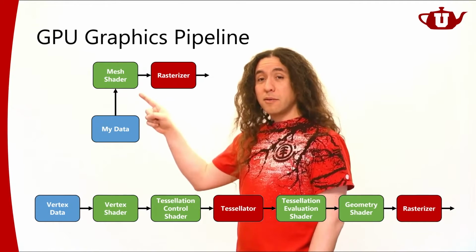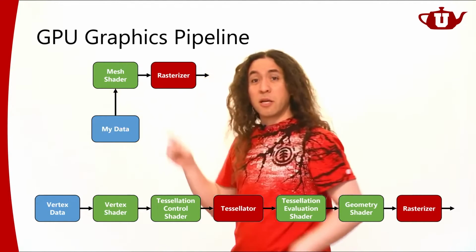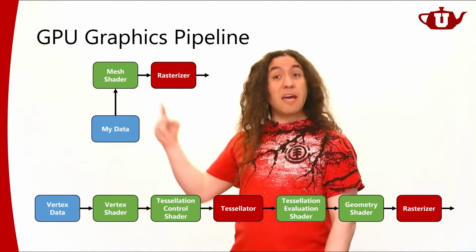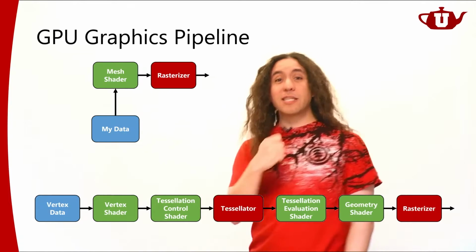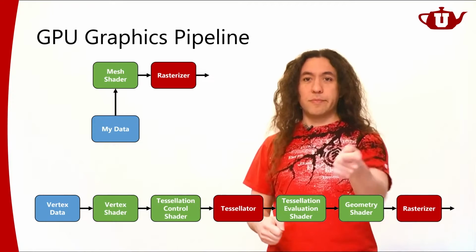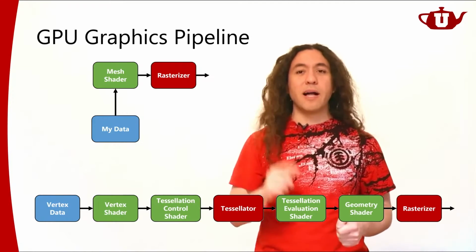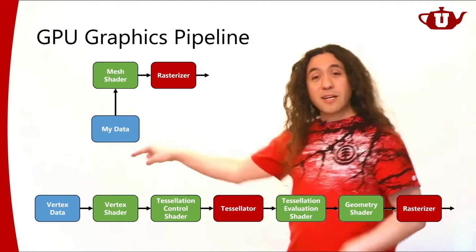In a mesh shader, I'm not pushing anything to my mesh shader. My mesh shader, if it wants, will request data, just like reading a texture. In your GLSL code, you say, give me this texture value at this particular coordinate, and you get it. In a vertex shader, that's not how it works.